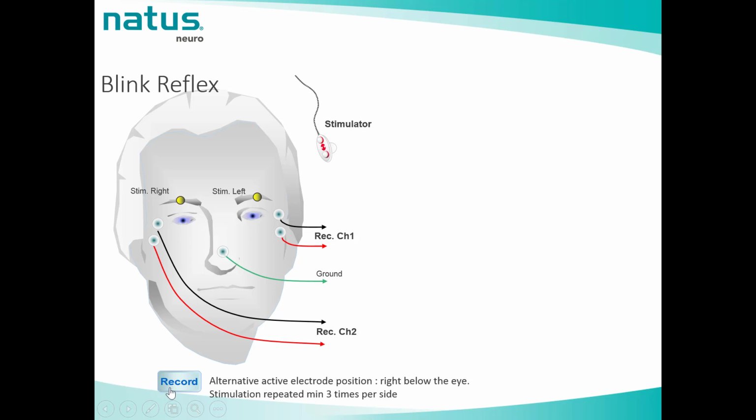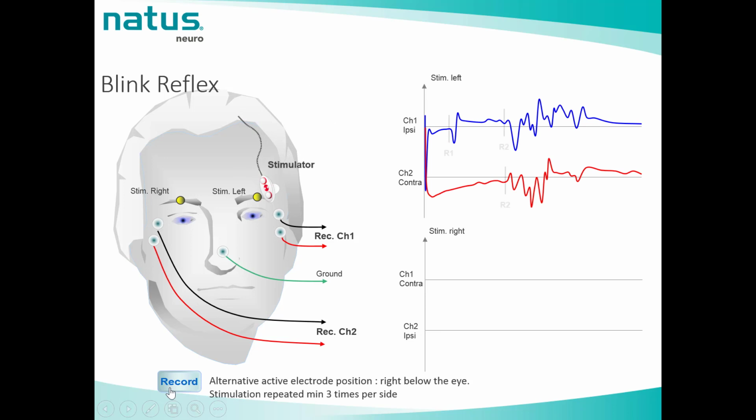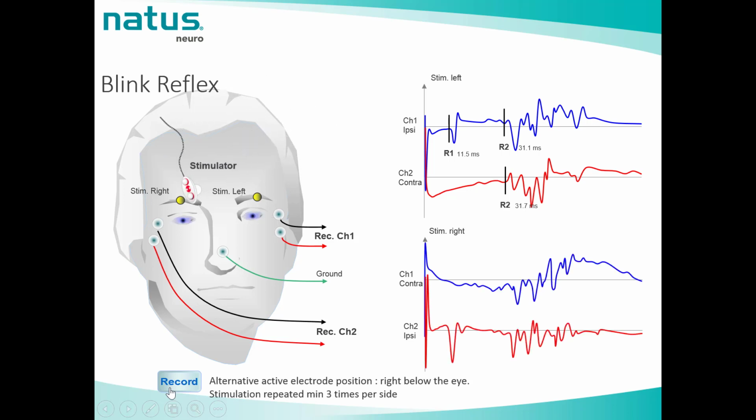Once we have this proper positioning, we can record our sweeps, one time on the left side of the patient and one time on the right side of the patient. We have bilateral recording with ipsilateral side and contralateral side.